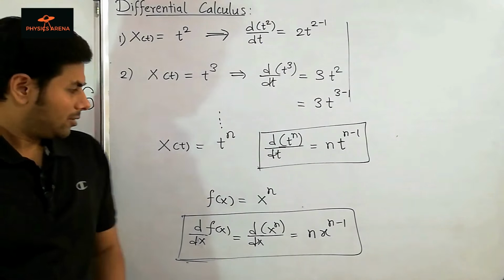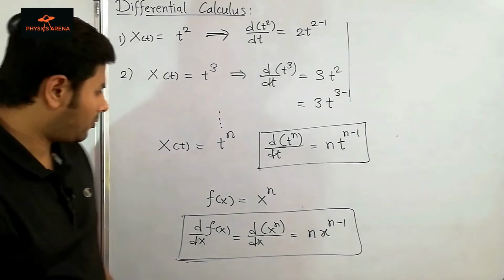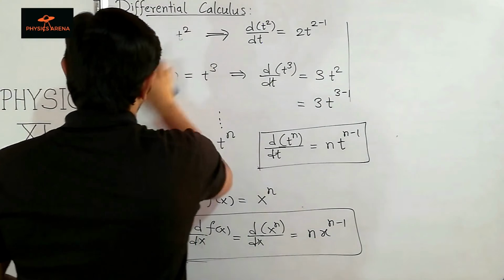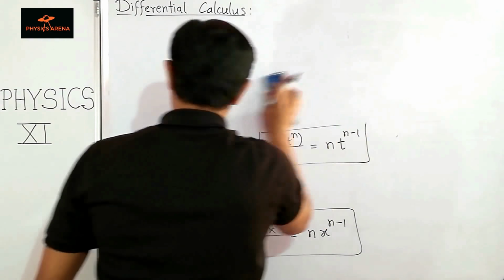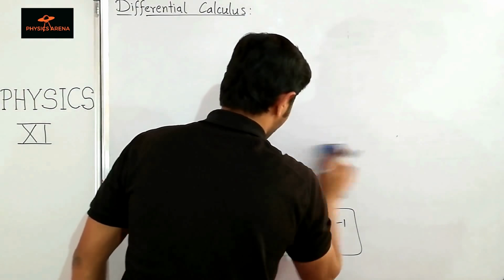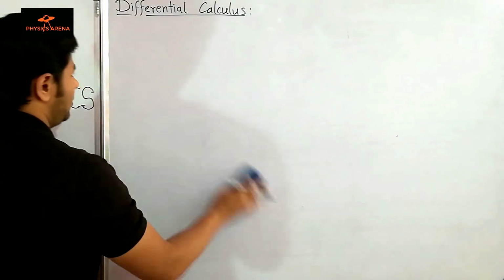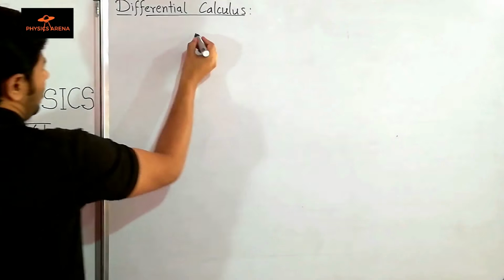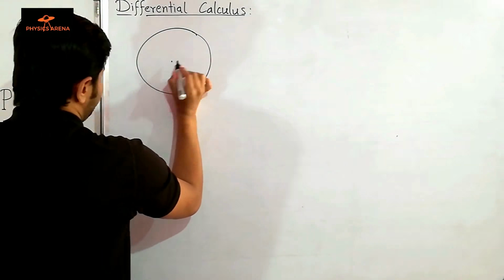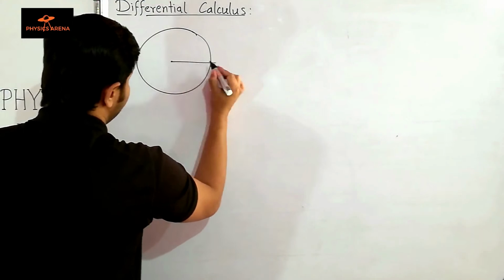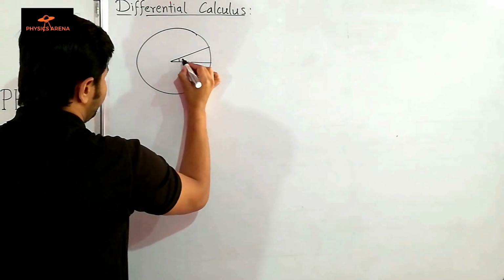Good. Now let's move to trigonometric derivatives, and for that we'll have to prove some limits. Okay, so suppose this is any circle, and let's take this angle.